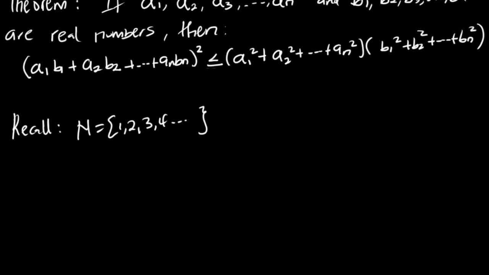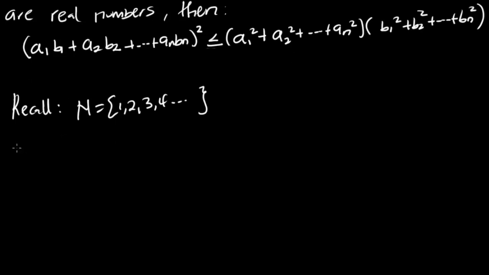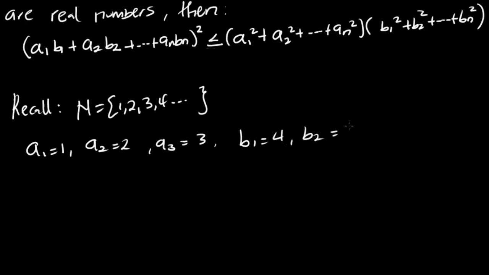we start proving it. So if we make a1 equal to 1, a2 equal to 2, a3 equal to 3, and we make b1 equal to 4, b2 equal to 5, and b3 equal to 6.